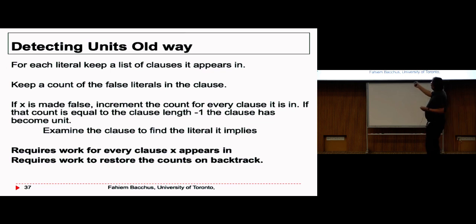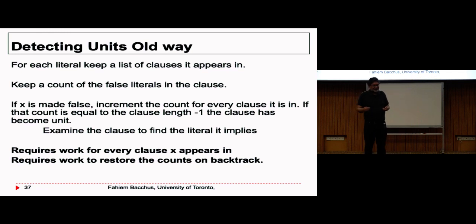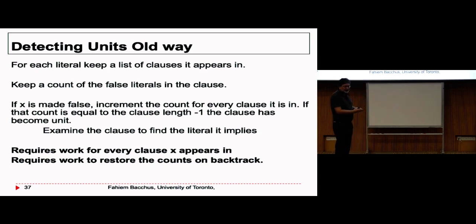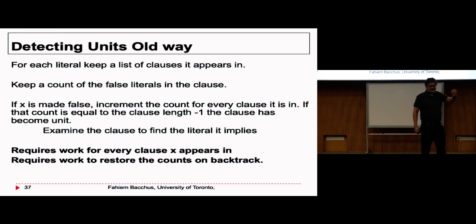And if any of those clauses have length k, if there are k minus 1 false literals in them, then you know that clause has become unit, right? So that's a relatively simple way to do things. But you have to visit every clause that x appears in. And worse, you have to undo those counts when you backtrack. So when you unset x, you've got to undo all those counts.